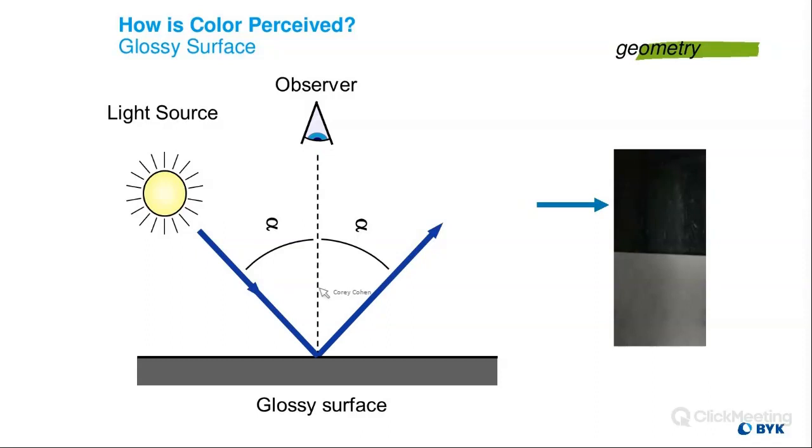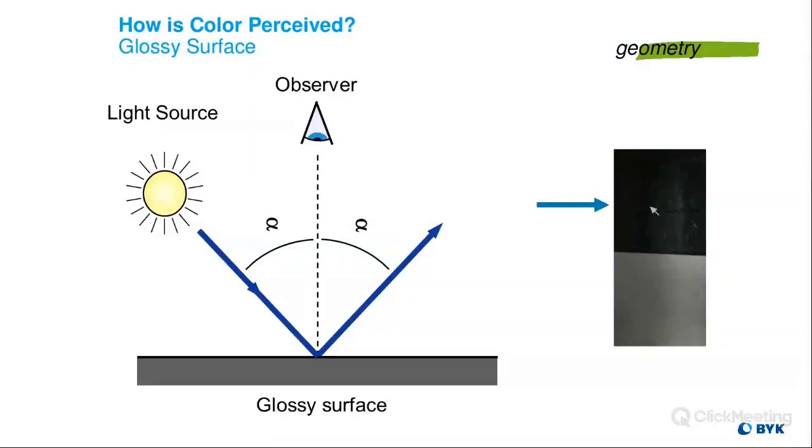And on a very, very glossy surface, most of that light is going to reflect off at that specular angle and miss the observer, right? Because on this glossy surface, there's more specular reflection and less diffuse reflection. That observer is going to get less light reflected into his or her eye.